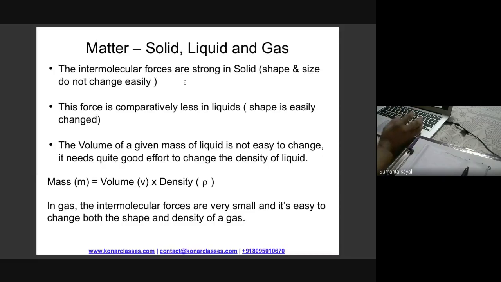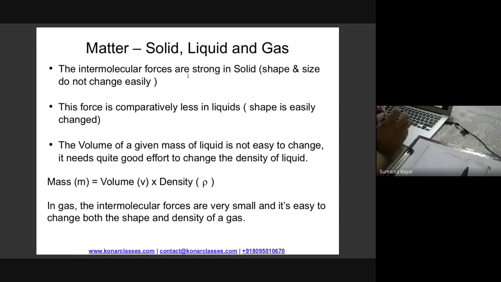So what is the difference from a scientific understanding point of view? What are the differences between solid, liquid, and gas? The main difference is that intermolecular forces are strong in a solid.